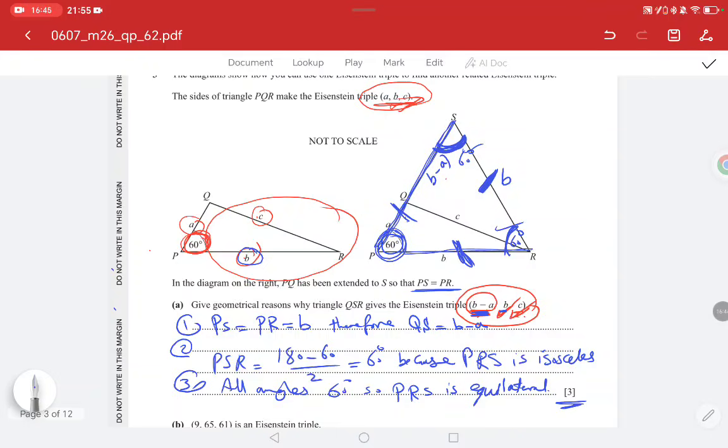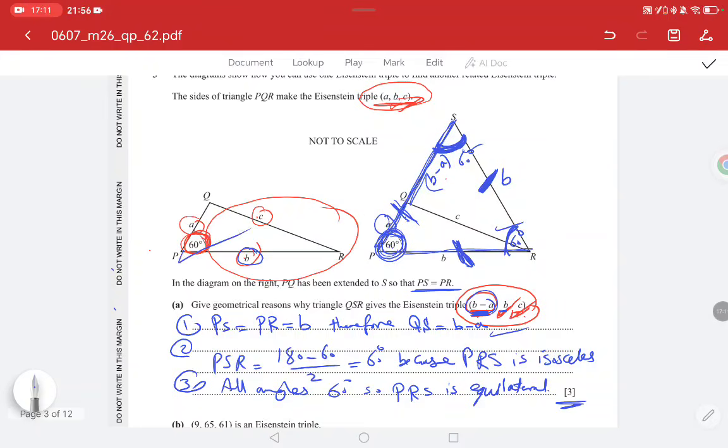So this one is B. Since this one is A, so this side is B minus A. And this is what we need to prove. Next one, since this one is 60 degrees and this side the same, so it's isosceles. So if you calculate the angle, this angle, you will discover that this one is 60, so this one is 60 degrees. Okay, so now we proved that we have one angle 60 degrees.